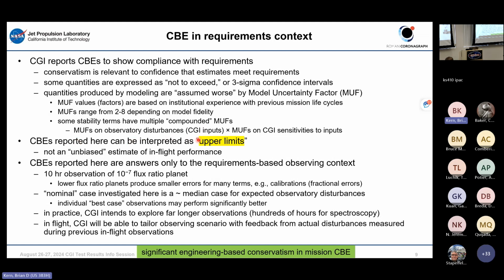So one context for all of this reporting is a bit of a bait and switch on the term current best estimate. CBE is supposed to be a current best estimate, but for most of the engineering work that we do in requirements flow down, it's not a best estimate.